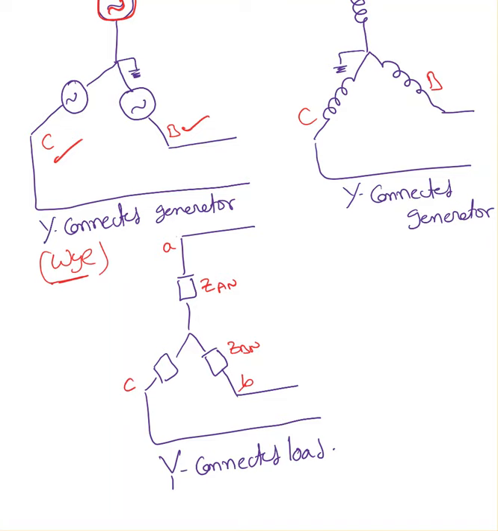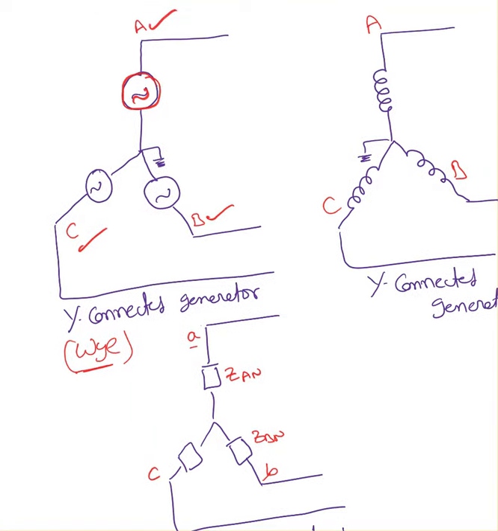But do not define whether it is a load or source by using these letters. Define it by using the current direction. If current is going out, this is a source. For a source, current is going to go out. If current is coming in, then that is a load. That's how you define whether it is load or source.